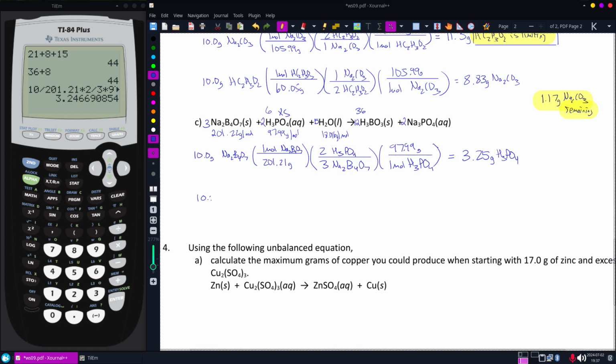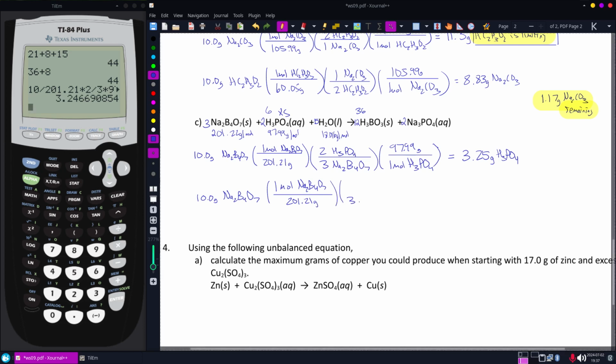I'm going to do the same 10 grams of the sodium borate, convert that into moles, have a 3 down here because it's the same stoichiometric ratio value there, but on top, since now I care about the water, I'm going to put the 15 waters up here.